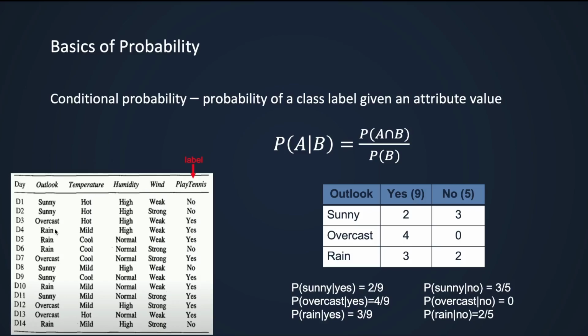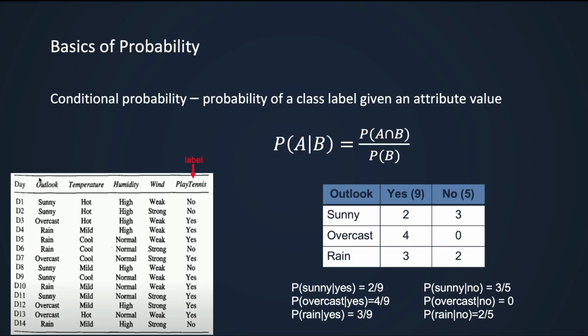Given this data, now we want to check the conditional probability. Since the day value is different in every row, we remove this column because it acts as an identifier.